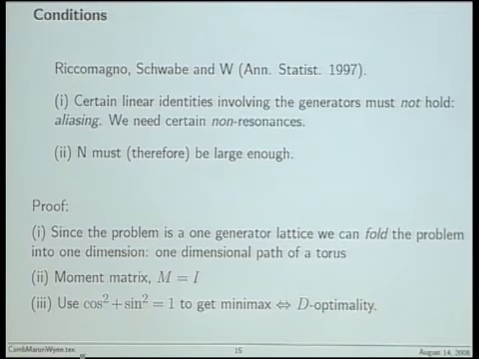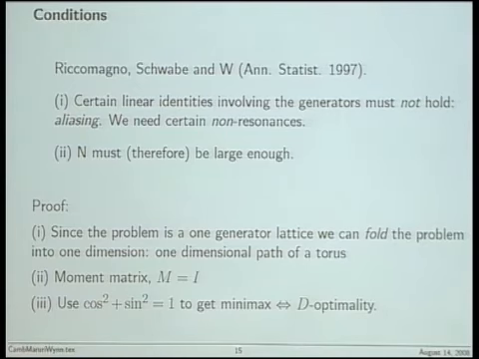Non-aliasing in that sense means, to summarize, that certain linear identities involving the generators must not hold. This "not" is very important in the theory. So it's like G1 plus G2 must not be equal to G3 in these generators. So in some sense, these generators have to be self-avoiding in order for the corresponding Fourier model to be D-optimum.